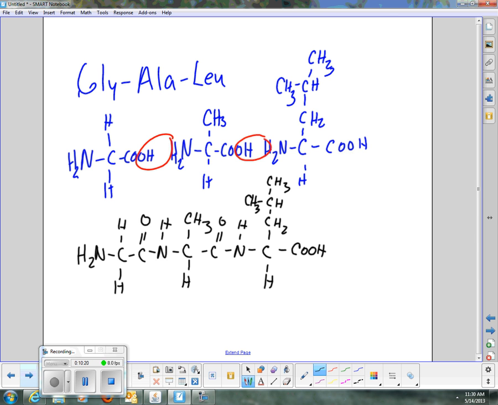Do you see how I did it though? Just take that water out. Take one hydrogen from here and one hydrogen from here, and then I just smashed it together. I took the water out and dehydrated it to make the peptide bond.